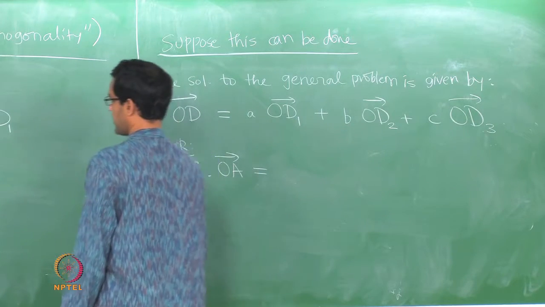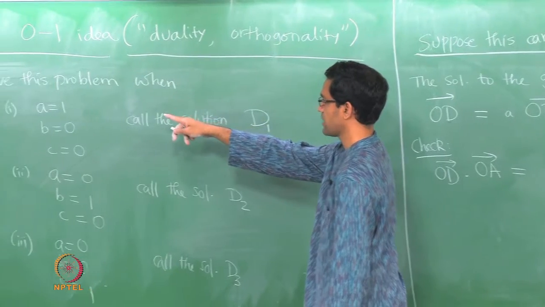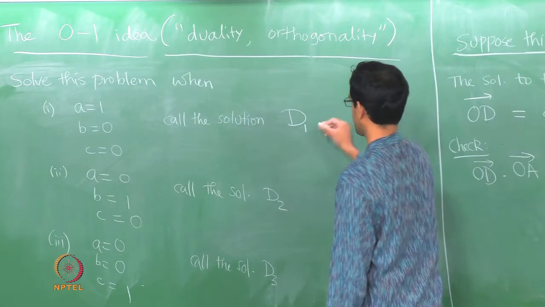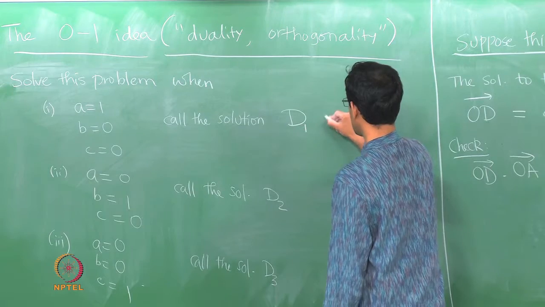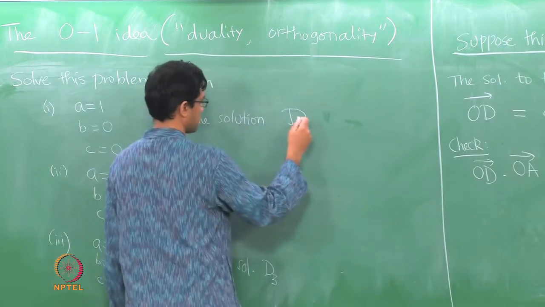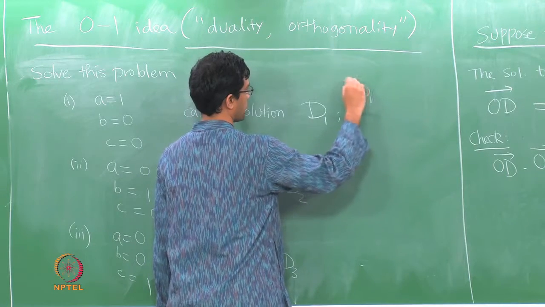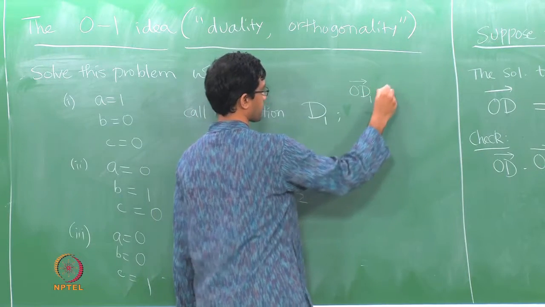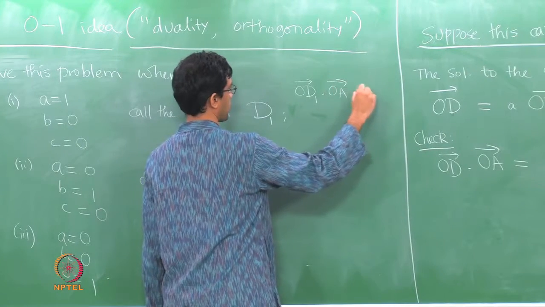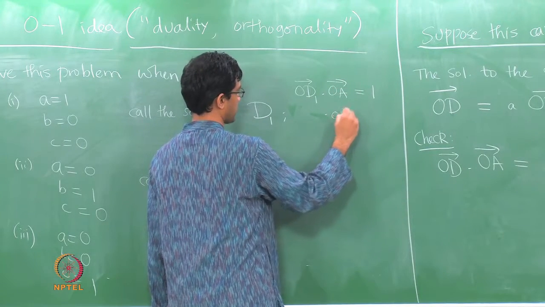D1, I said, is a solution to the problem when A equals 1, B equals 0, C equals 0. By saying that the solution is D1, it means that the position vector OD1 has dot product 1 with OA and 0 with the other two fellows.